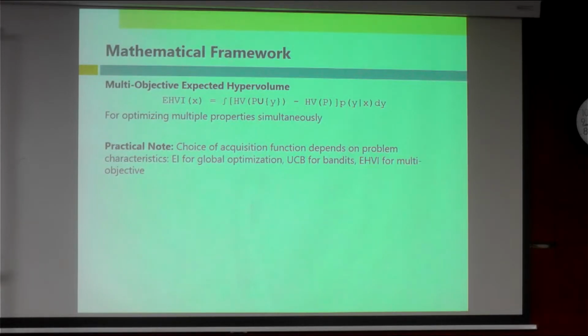Here the mathematical beauty of this function is how it balances two competing needs. Exploitation focuses on regions where we expect high performance, and then we have exploration, where we investigate uncertain regions where we might learn something surprising.